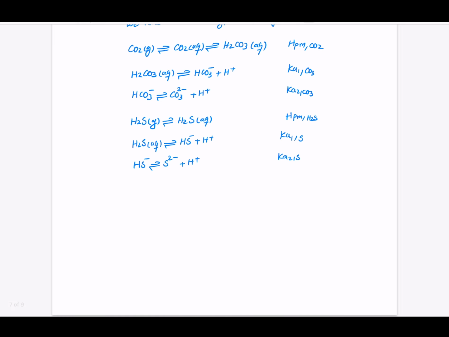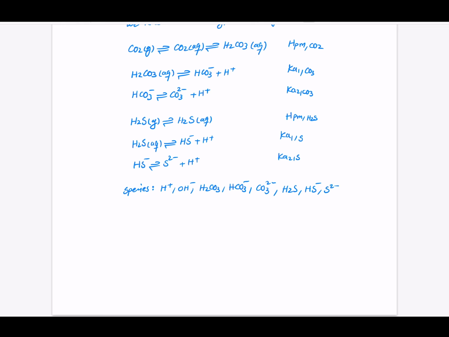So now we have the species H plus, OH minus, the carbonate system H2CO3, HCO3 minus and CO3 2 minus, and also the H2S system, H2S, HS minus and S2 minus.